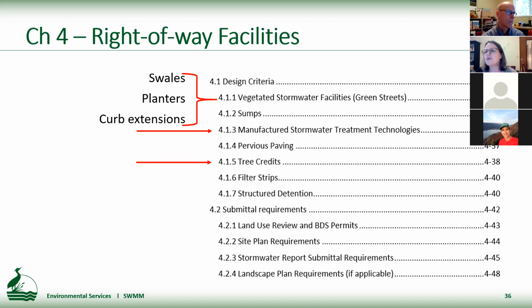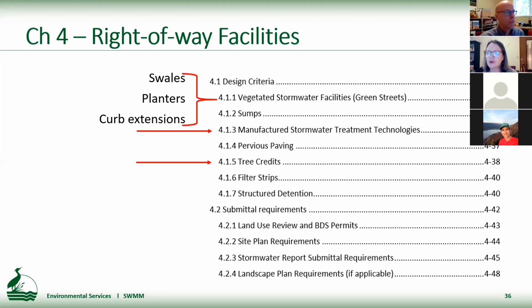There's a new section for vegetated stormwater facilities or green streets. Previously, this was broken out into swales, planters, and curb extensions. And so we've combined these into one vegetated stormwater section to avoid repeating information.